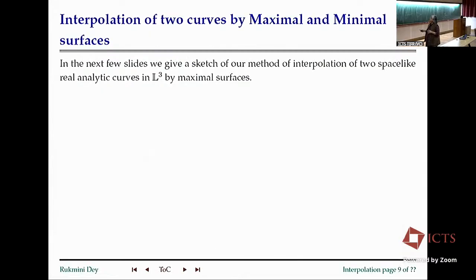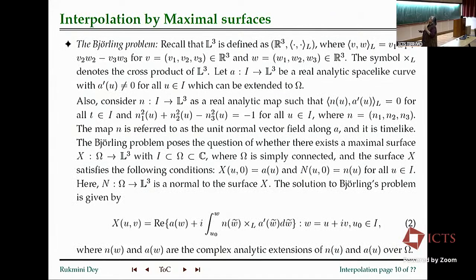So, let's do the interpolation of two curves by maximal and minimal surfaces. So just maximal surfaces. Right now I won't talk about the other one. So what is the Björling problem? The Björling problem is also very pretty.